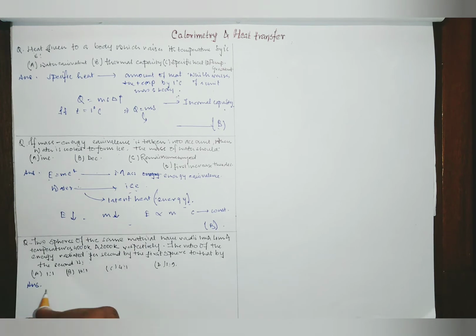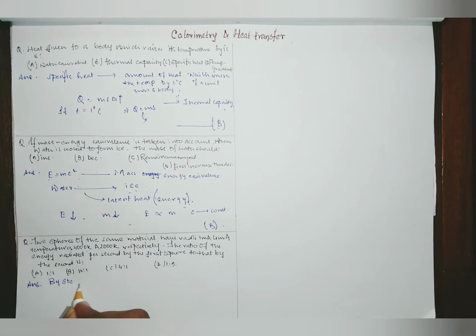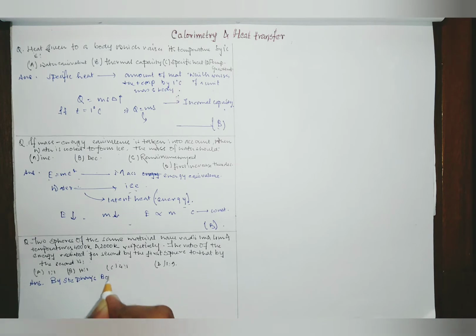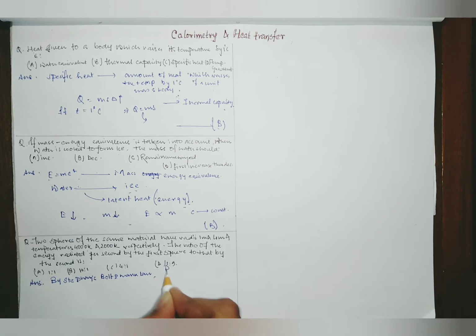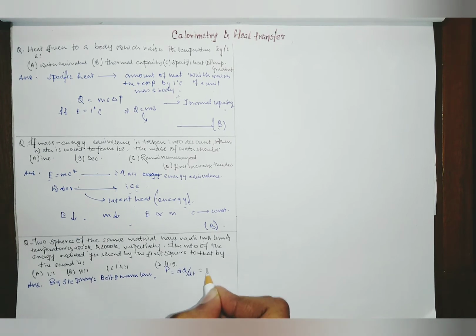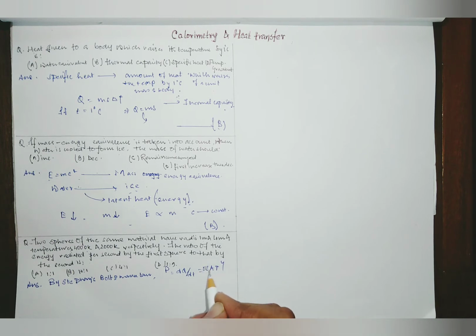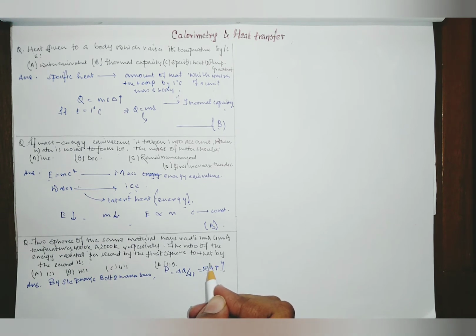Answer. By Stefan-Boltzmann law, we know that P = dQ/dt, right, which is sigma e A T to the power 4, where e is the emissivity, A is the area, T is the temperature, and sigma is the Stefan constant.